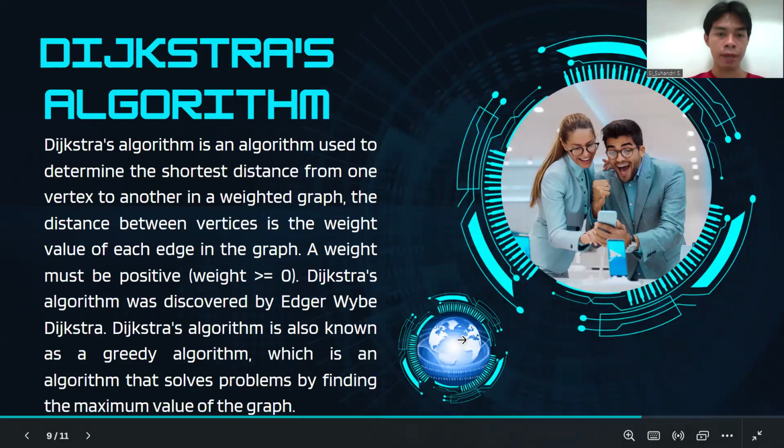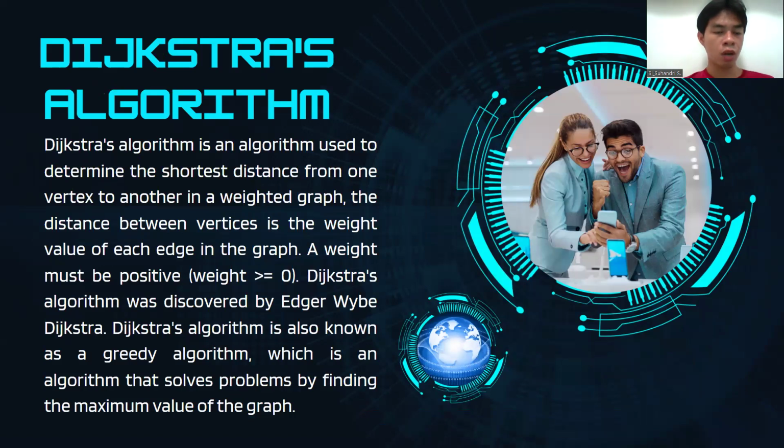Dijkstra algorithm. The Dijkstra algorithm is an algorithm used to determine the shortest distance from one vertex to another in a weighted graph. The distance between vertices is the weight value of each edge in the graph. A weight must be positive.